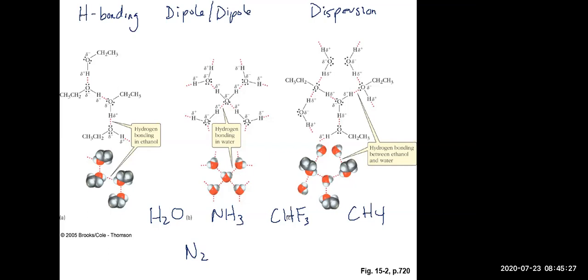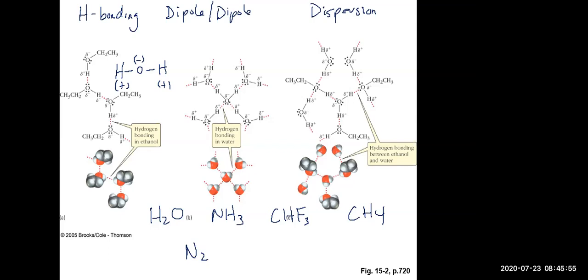Okay, so let's take a look and see. First off, water. Obviously, we've talked about water enough in this example. But when we do draw water, water is polar, right? So it has a negative side and a positive side by the hydrogens. So usually when you get a polar molecule, what you want to decide is, does it have the ability to hydrogen bond?